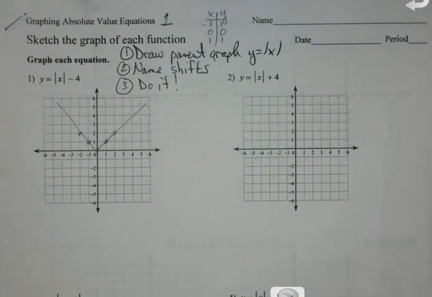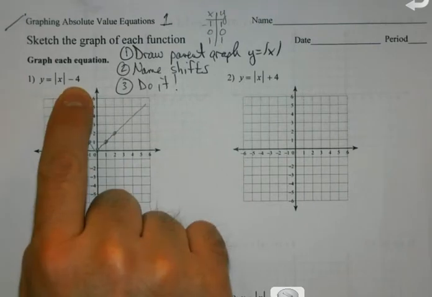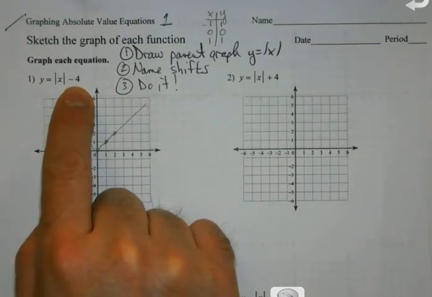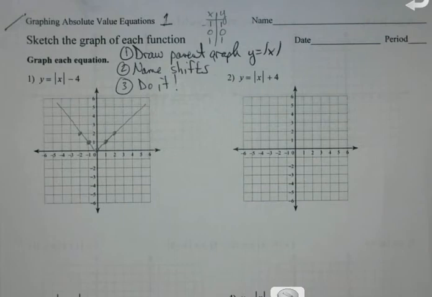I've got it. So here's what I want to do. That minus 4 that's outside, what direction of shift is that? Is it left 4, right 4, up 4, down 4? Let's go back and take a peek here for a minute.